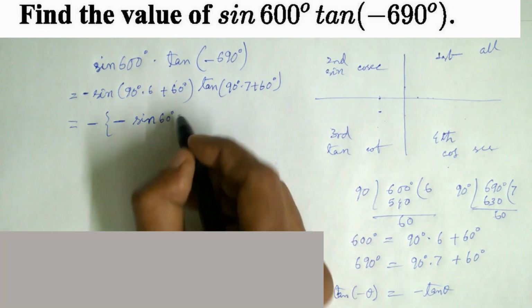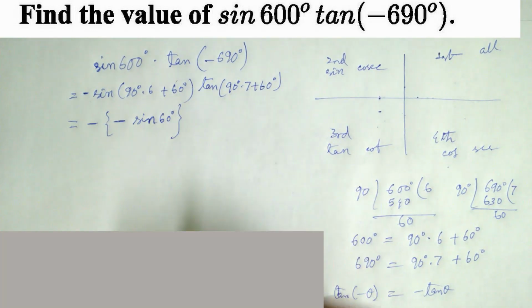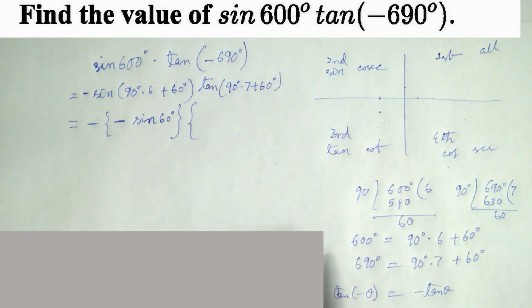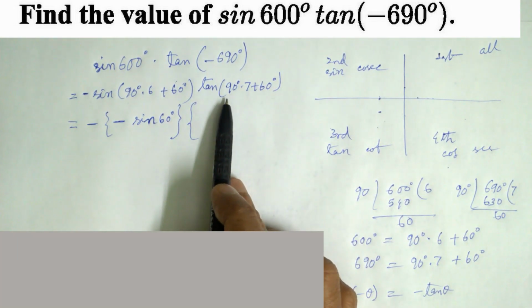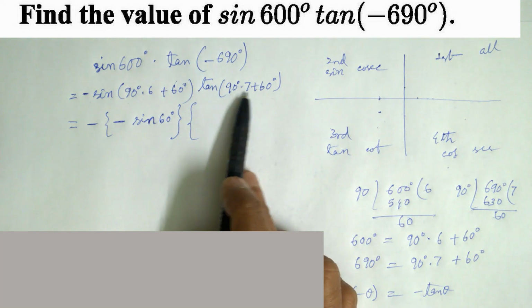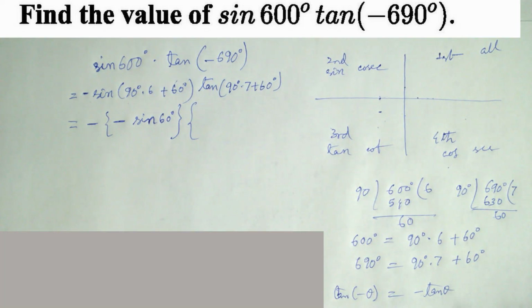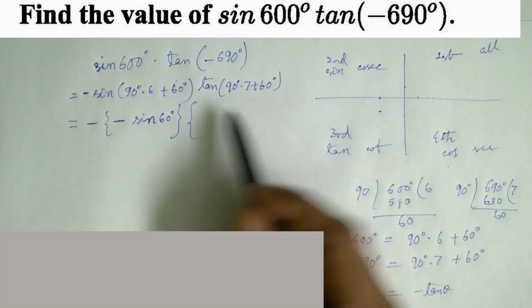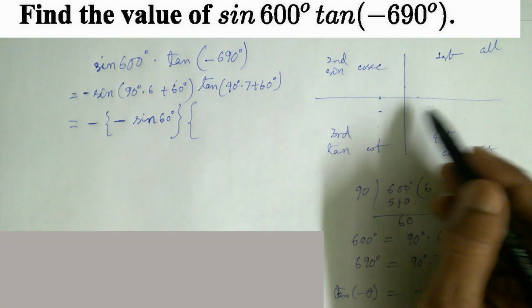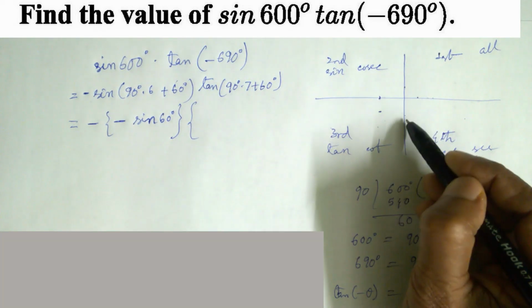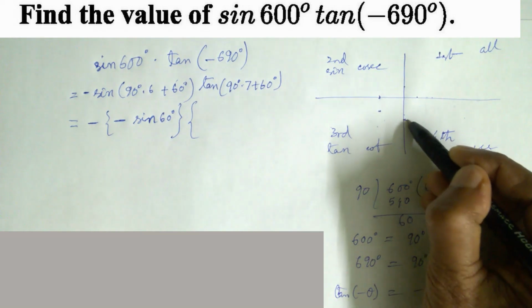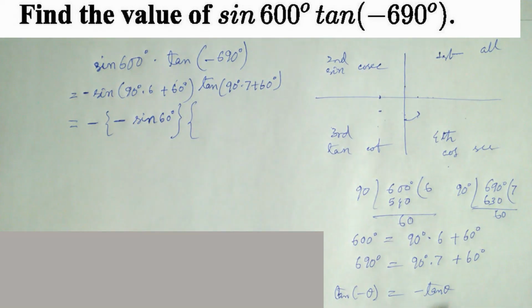Now close this bracket, again a second bracket starts. 90 degree into 7. Here we have already calculated 6 ends here, 7 will be in here, then 60 degree in the fourth quadrant.